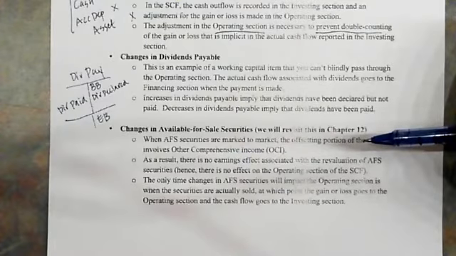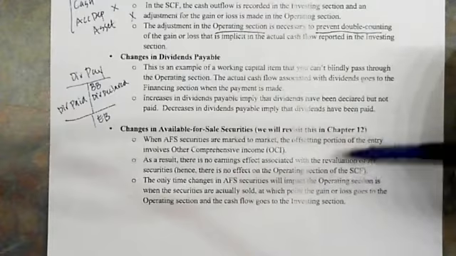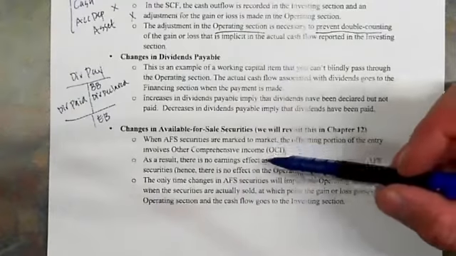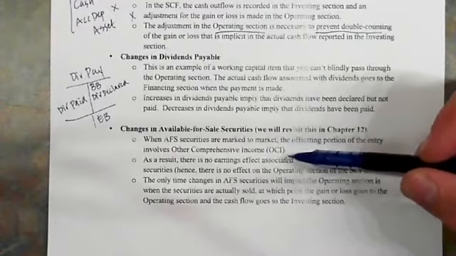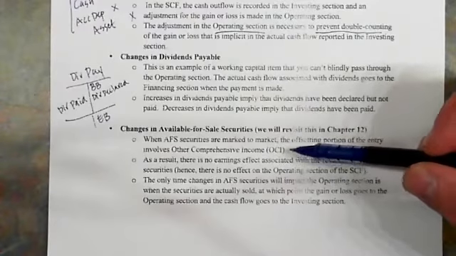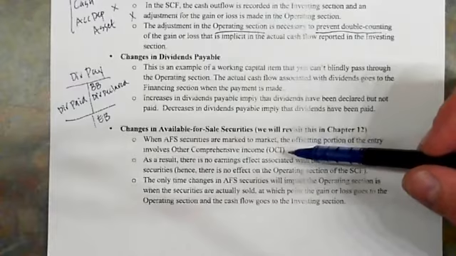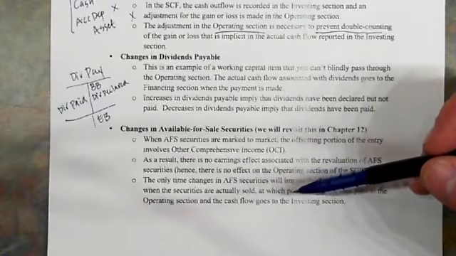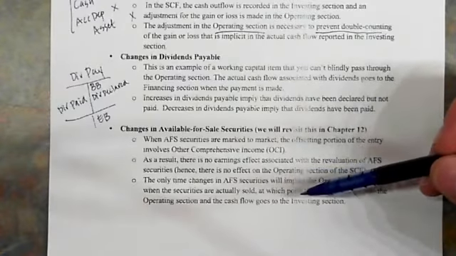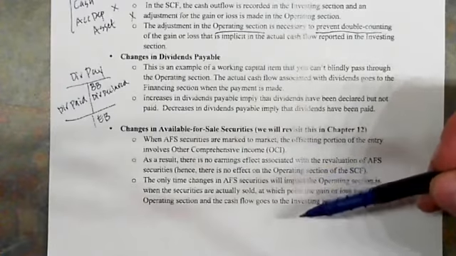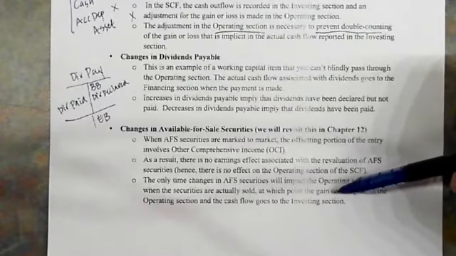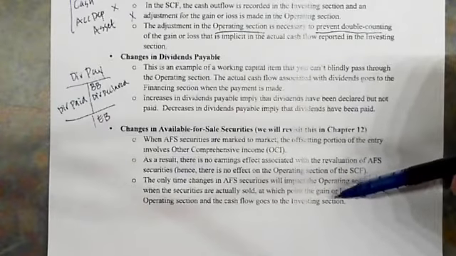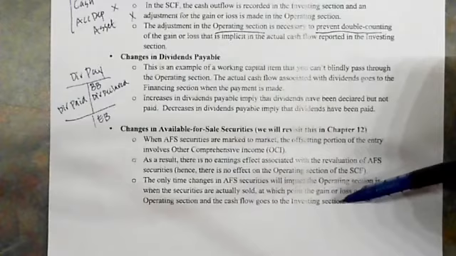And if there is a change in this, remember they are OCI items. So it doesn't affect net income. We don't have to back it out of cash flow from operating activities because it's not in net income. And as a result, we're only going to record something when we actually sell them. When we do sell them, it would be in the investing activities section. And when we purchase them, they would be in the investing activities section.